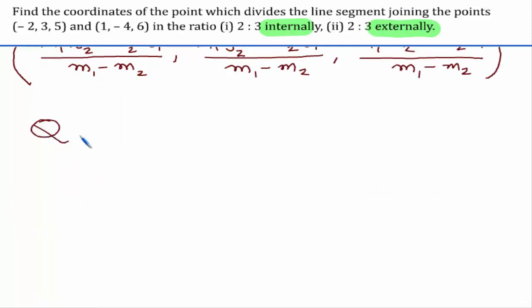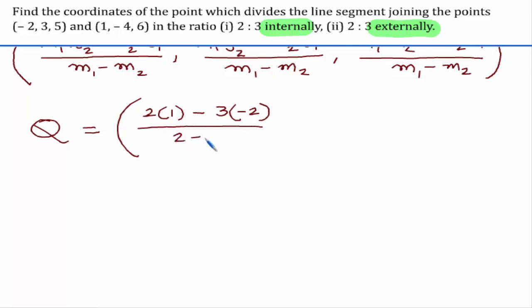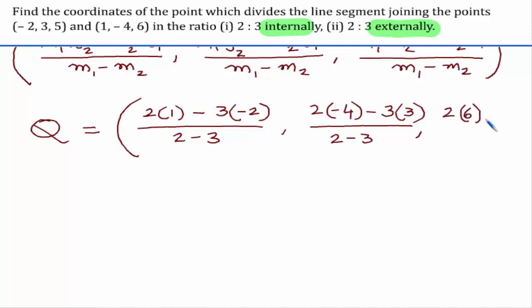Now let us write the point which divides externally as Q. Now this is m1x2, that is 2 into 1 minus 3 into -2 by 2 minus 3, and the y coordinate is 2 into -4 minus 3 into 3 by 2 minus 3, and the z coordinate will be 2 into 6 minus 3 into 5 by 2 minus 3.